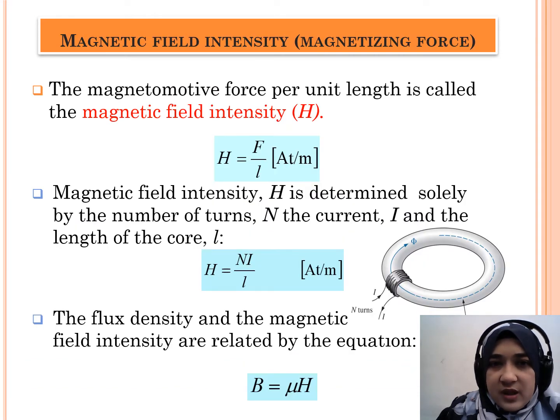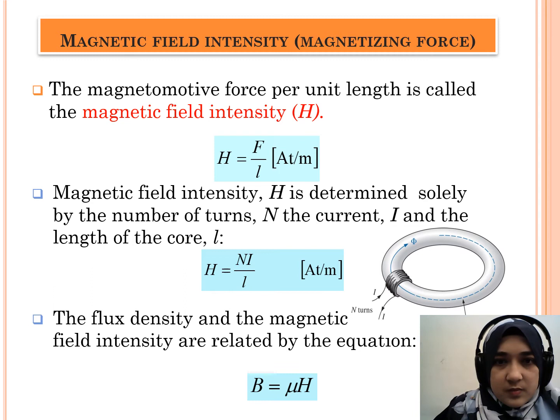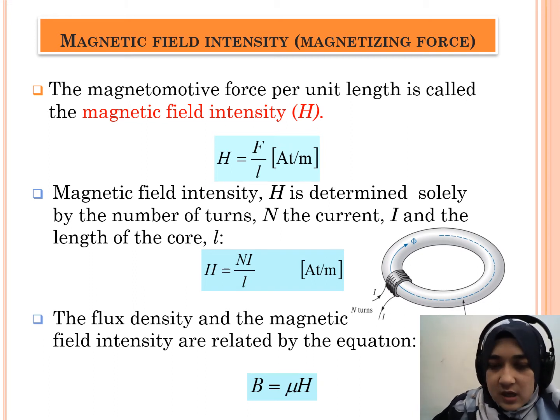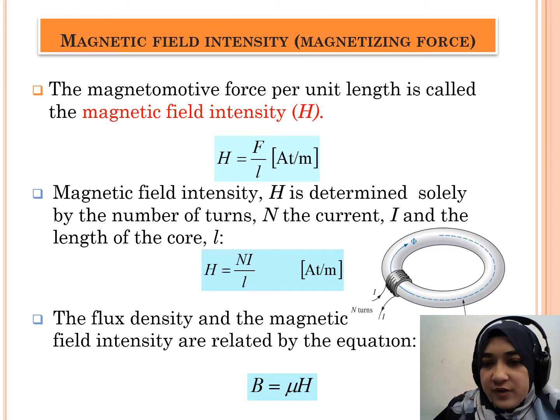Okay, magnetic field intensity. Magnetic field intensity is just the MMF per unit length. So it is the MMF, or the F just now, over the length along the path of the flux.